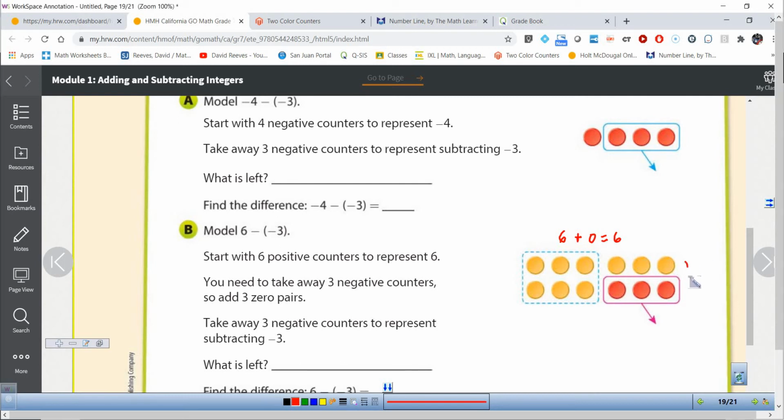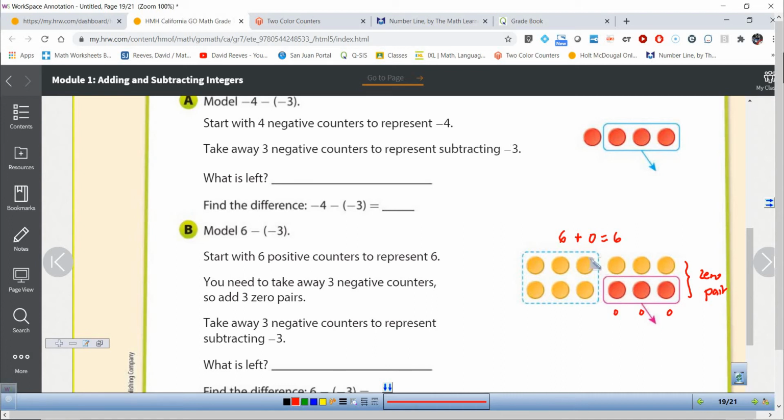Do you remember when we talked about what a 0 pair was? A 0 pair is a positive and a negative together. So this is 0, this is 0, and this is 0. What we actually have here is 6 plus 0 plus 0 plus 0. But by doing that, what have I done? I've given myself the 3 reds that I need.